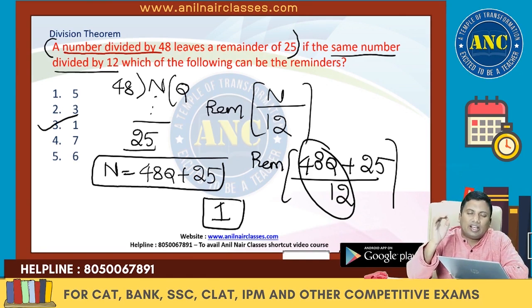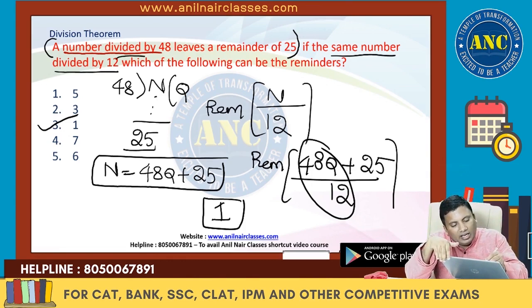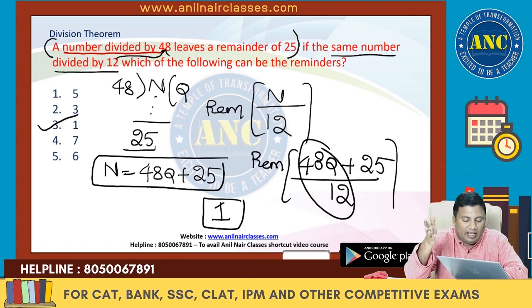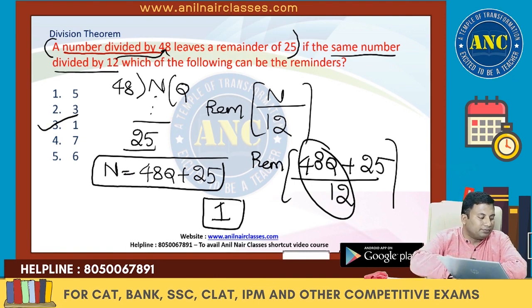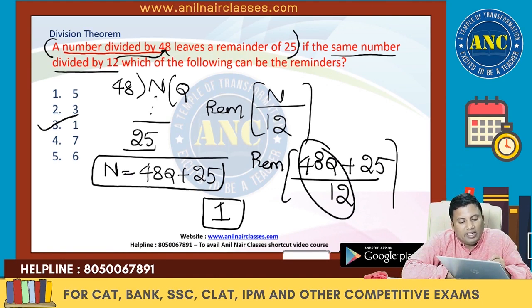In every textbook, only this question will be there, where the denominator is a factor of the numerator. What if the denominator is not a factor? That question I created for you. A number when divided by 48: dividend equals divisor into quotient plus remainder, so 48q plus 25.